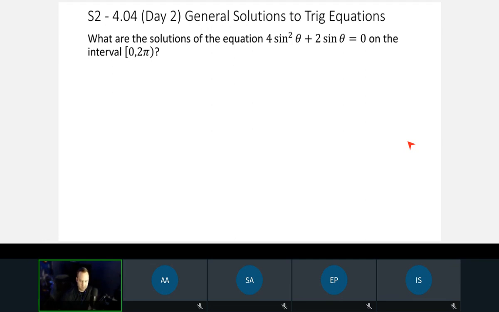So what can I do? We're going to factor out the common factor, which is 2 sine theta. Yep, that is one way to do it.